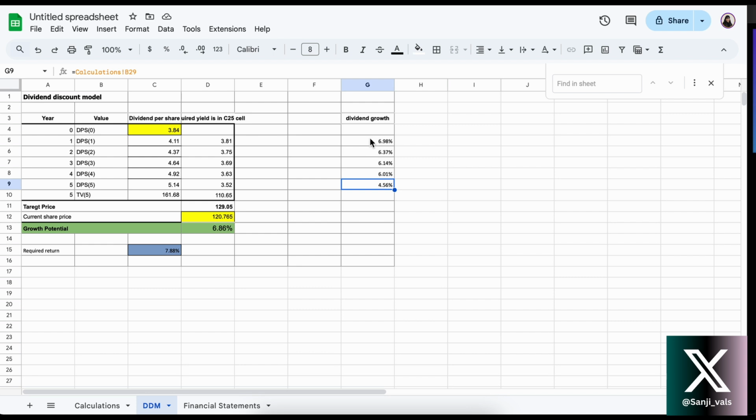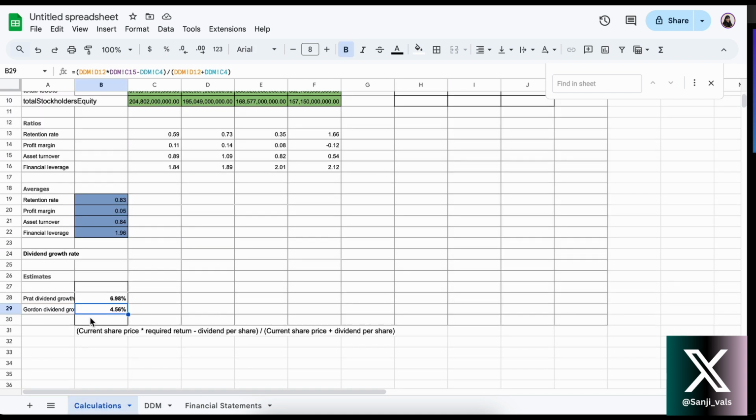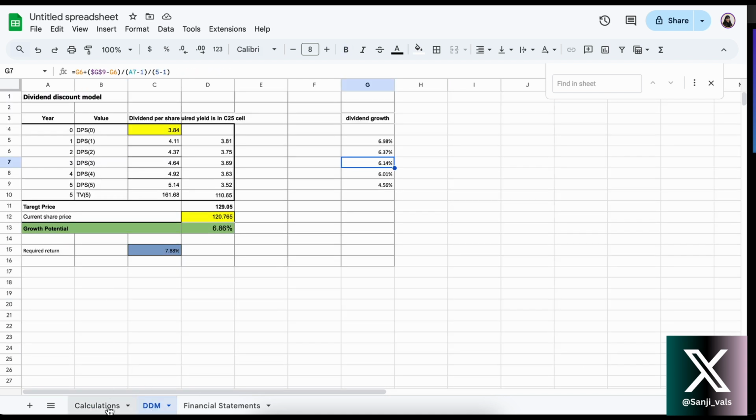That is the dividend growth rate for the last, 5th year. Then we need to calculate the growth rate for the second year. This is the formula, a very simple formula. You can see it from here. You take the forecasted dividend growth rate 6.98, which we extracted from the previous step, from the Pratt dividend growth rate. You can see it here. And then we open the parentheses, plus, opening the parentheses.